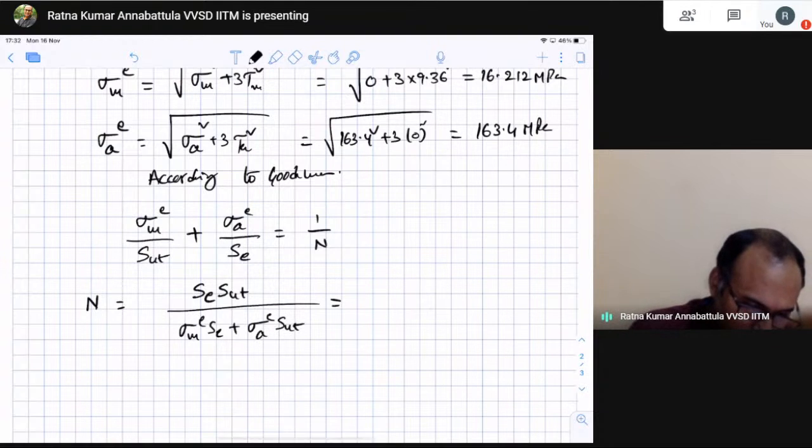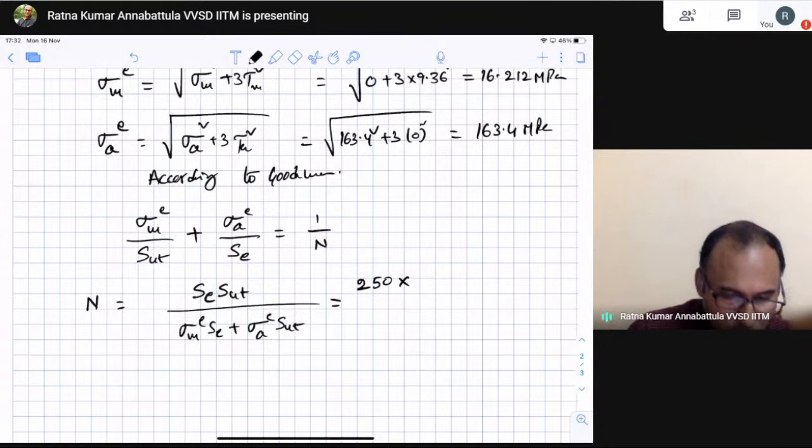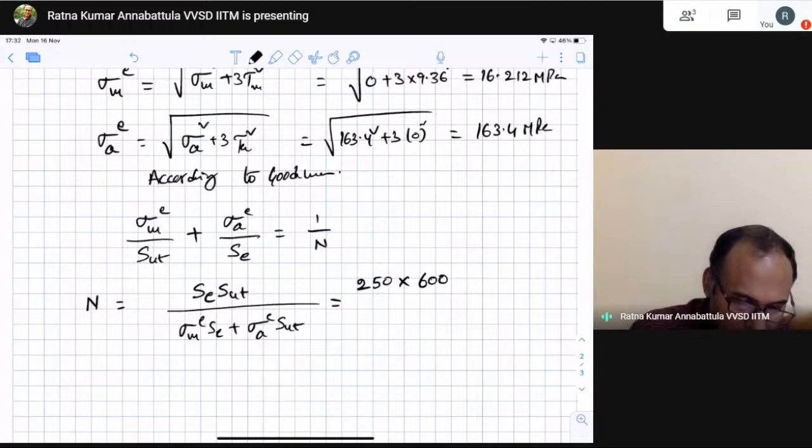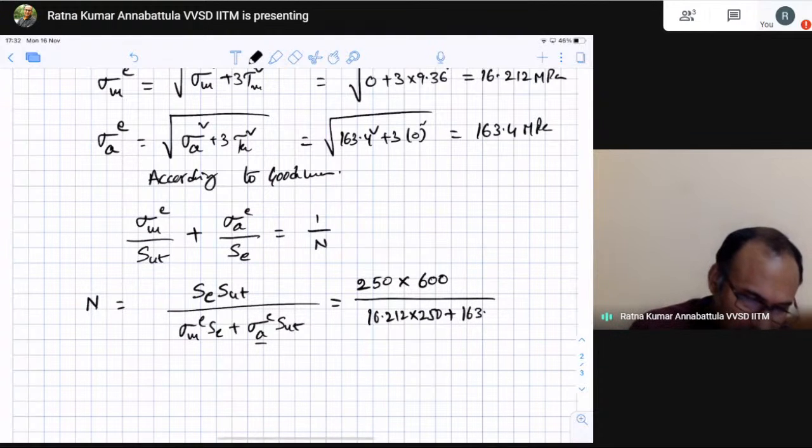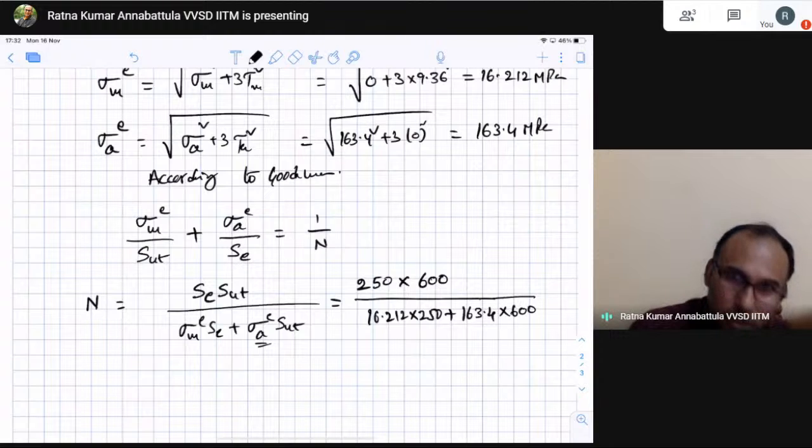What is SE? Endurance strength is 250 MPa and SUT, ultimate tensile strength, is given as 600 MPa. Sigma M equivalent mean stress is 16.212, times endurance strength 250, plus sigma A alternating stress 163.4 times 600. That comes out to be 1.47.